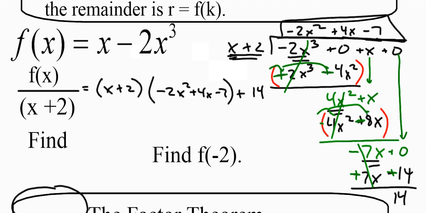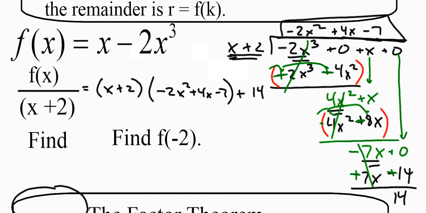We can also write this as the quotient plus the remainder over the divisor, which is the equivalent, and that would be one way to find it.